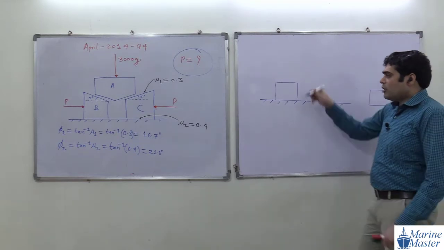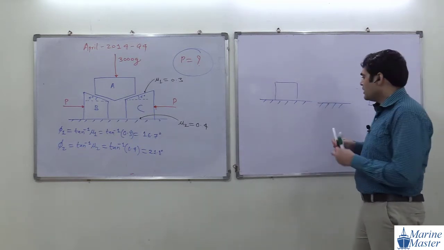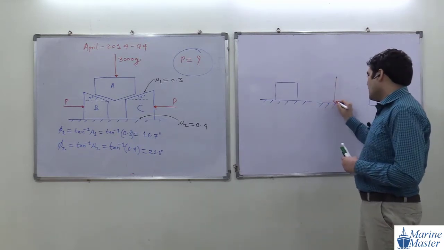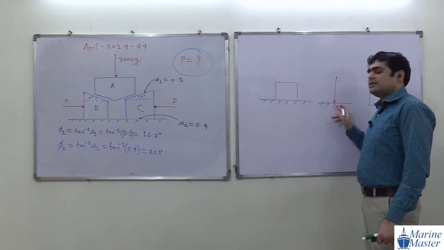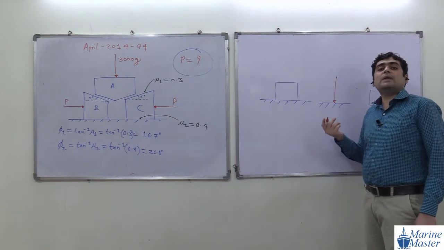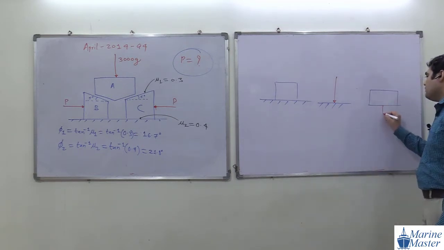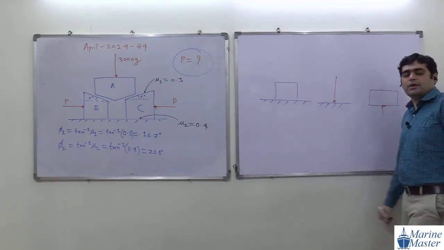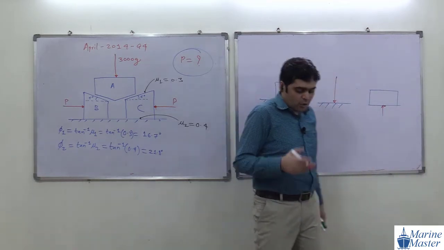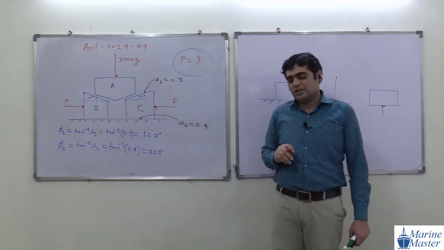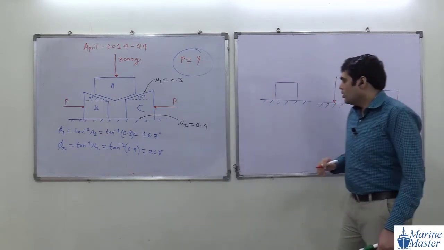This object is applying some force on this ground. So what will happen? Automatically the ground will apply an opposite force on this object. Means for every action there is an equal and opposite reaction. Newton's third law of motion. Okay, are you getting my point?